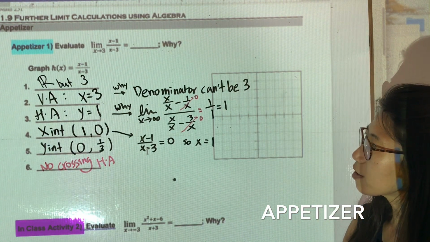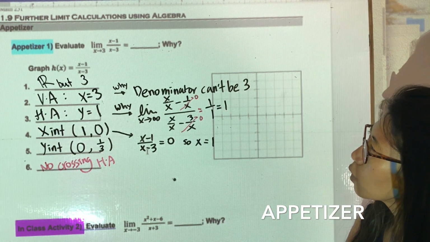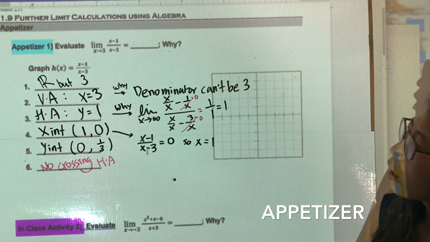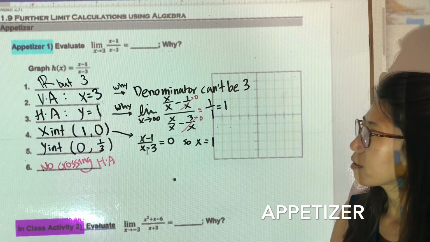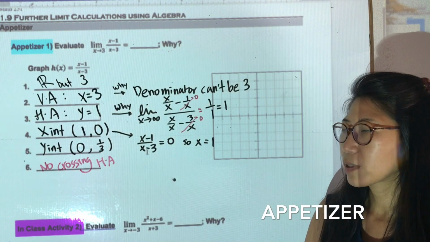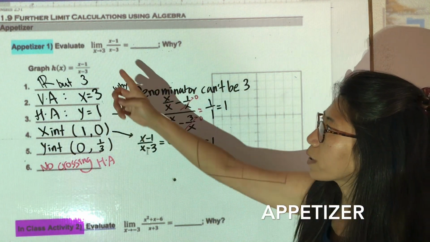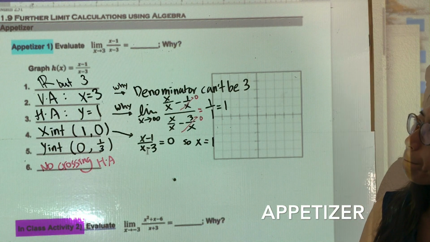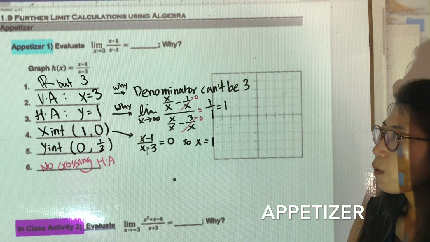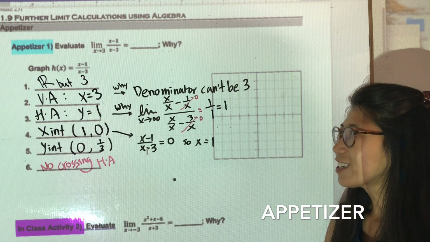Also, today's title says we are going to use algebra to find this limit, but sometimes we have to check it by plugging in some points. So what do you think the limit will be? If you see it, that's good.